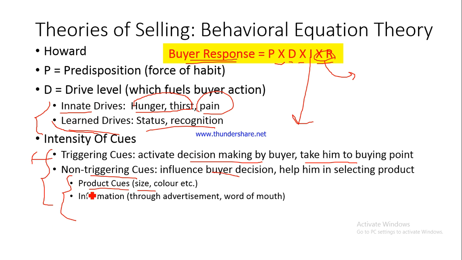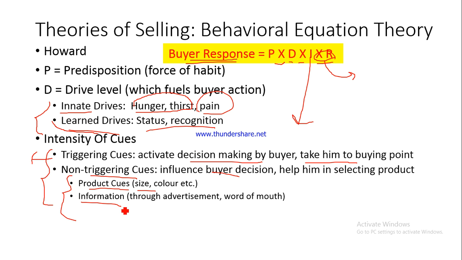So non-triggering cues, one more example, information. So you look at the ads, word of mouth, some relative, some friend of yours tells you, okay, this one is a good product, then you go and buy it. So these are again non-triggering cues. Fine. So let's say you join a corporate organization after completing your BBA, and just before you are about to join, you come to know that you have to wear formals in the office.